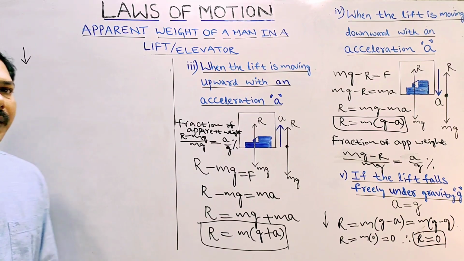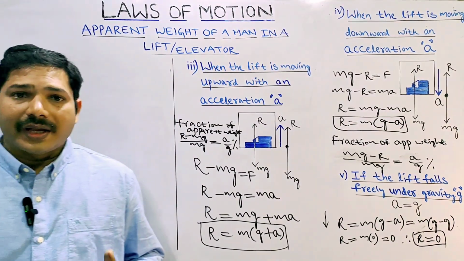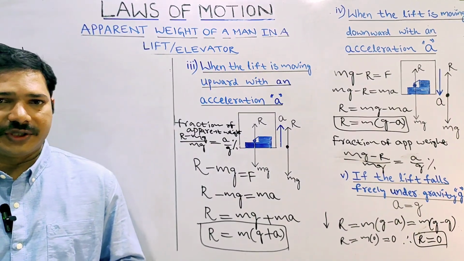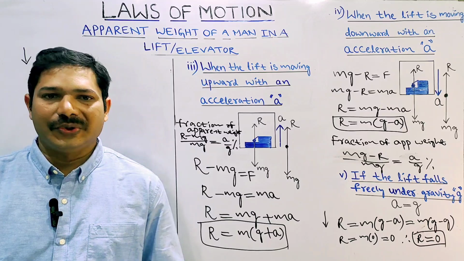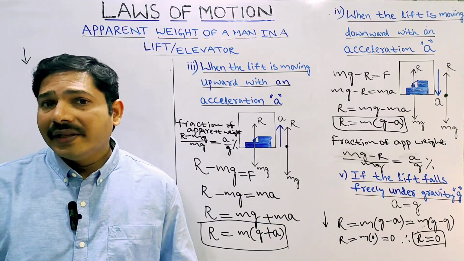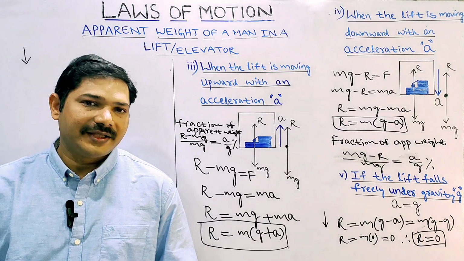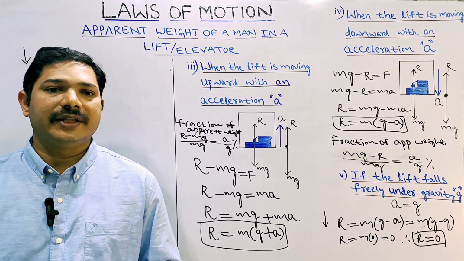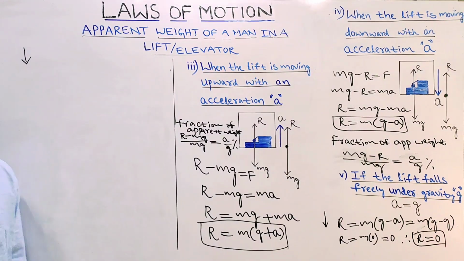In this question, the empty lift is moving downward with acceleration g by 4, and the tension in the cable is given as 9000 newtons. Then when the lift is moving upward with acceleration g by 3, what will be the tension in the cable? So we'll solve it in detail.